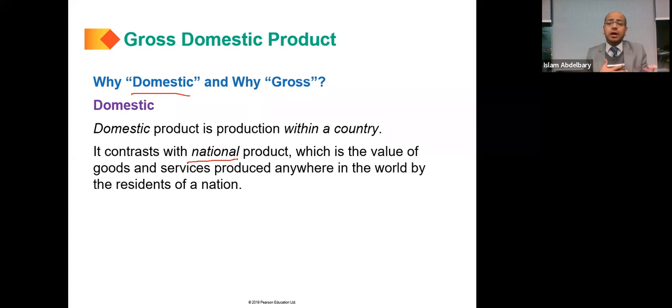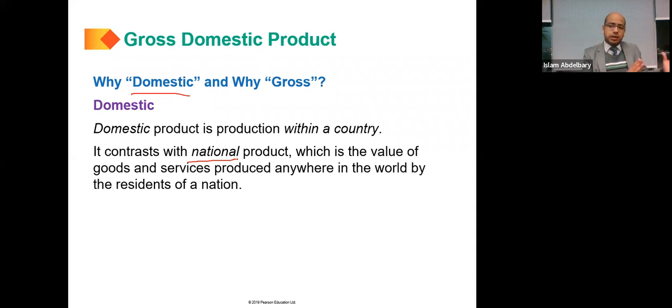But if we are talking about gross national product or gross national income, here we care about the nationality. If we are talking about GNP or gross national product of Egypt, here we mean Egyptian people, whether the Egyptian is inside Egypt or outside Egypt, right?